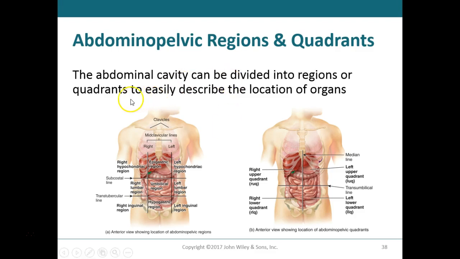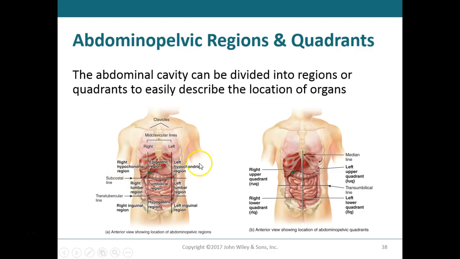Sometimes you may hear of the 9 regions being used to describe organs in the body. Those are named according to where they're located. So right hypochondriac, chondri refers to cartilage. The ribs have a lot of cartilage associated with them. So under the cartilage, hypo, under, chondri, cartilage.